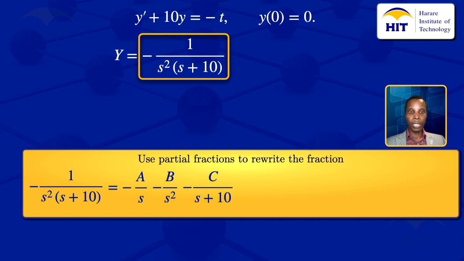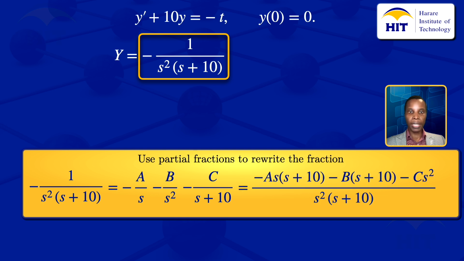Then when we put everything under a common denominator, what we would have is minus a s multiplied by s plus 10, minus b times s plus 10, minus c times s squared. Then when you compare these two numerators, we'll get the values of a, b, and c.